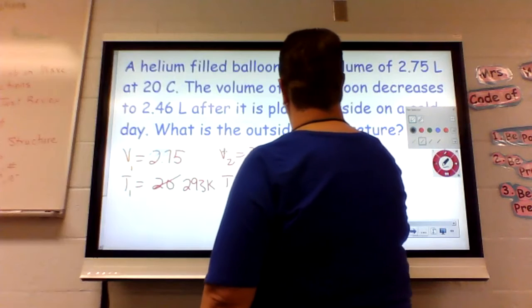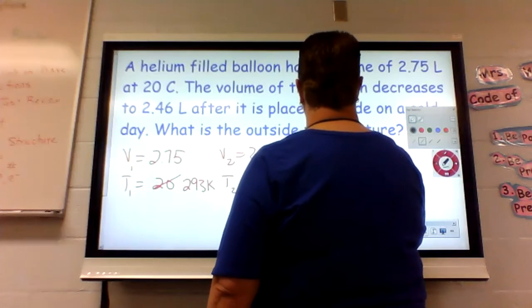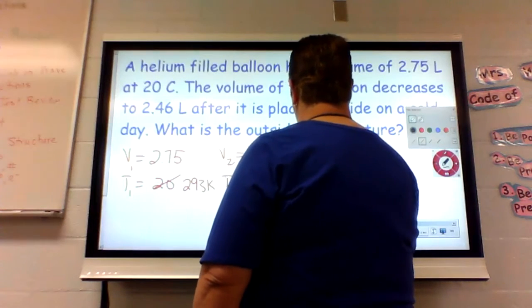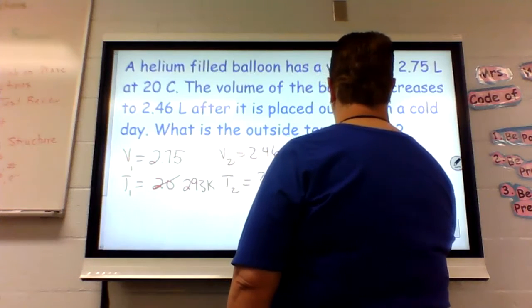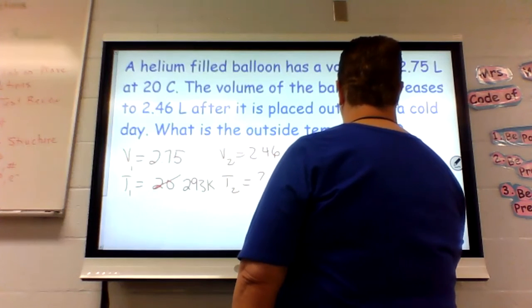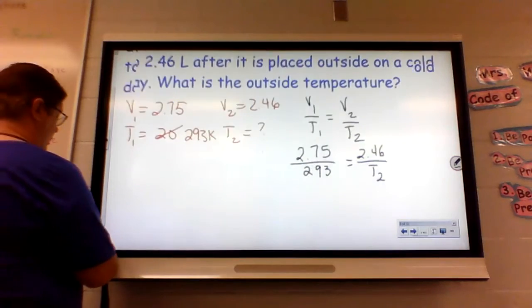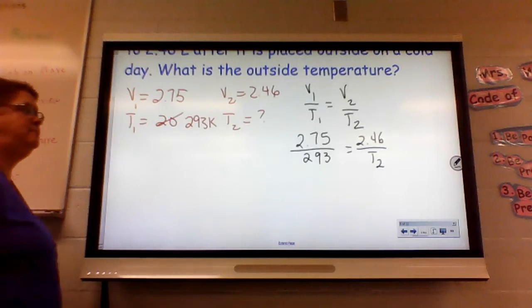All right, so my formula is V1 over T1 equals V2 over T2. V1 is 2.75, T1 is 293, V2 is 2.46, T2 is unknown.